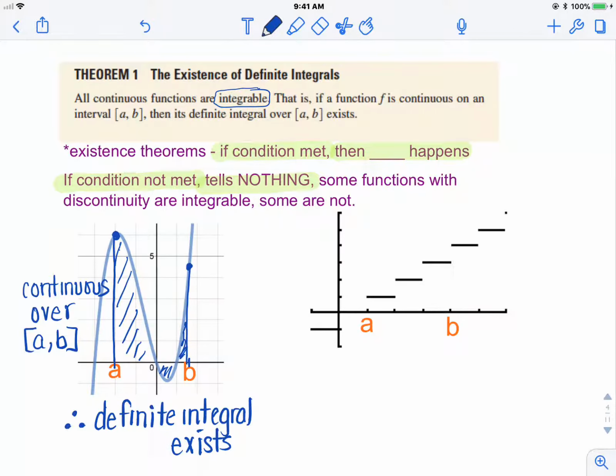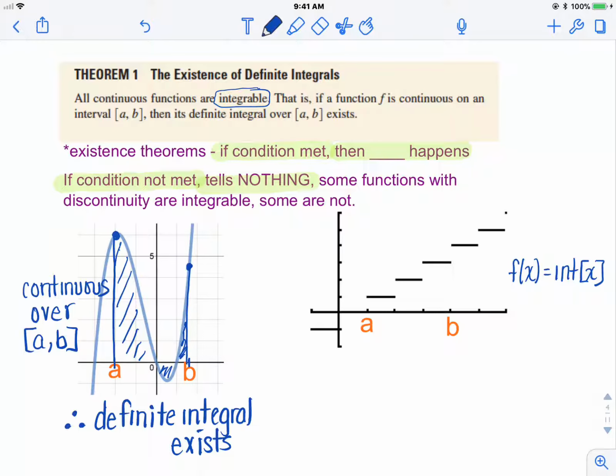Now, there are plenty of continuous functions to work with. You'll also work with some that are not continuous, that have some discontinuity. Like this is that greatest integer function that we called int x, and sometimes it was written this way. Okay, that greatest integer function is not continuous. It's got jump discontinuity all over the place.